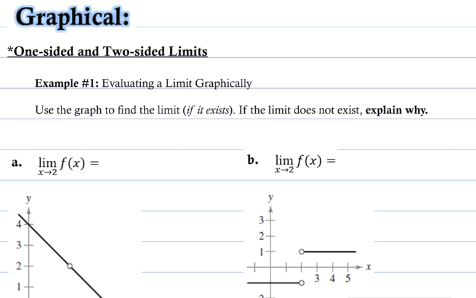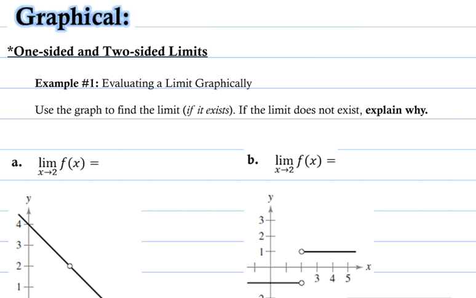All right, so we're going to do an example graphically, or two examples rather. We're going to talk about one-sided and two-sided limits. Example 1 is evaluating a limit graphically. I have two graphs, so two little examples. I'm going to use the graph to find the limit if it exists. If the limit does not exist, explain why.